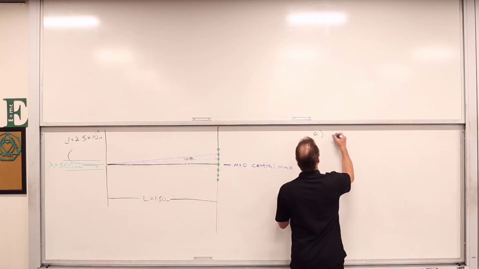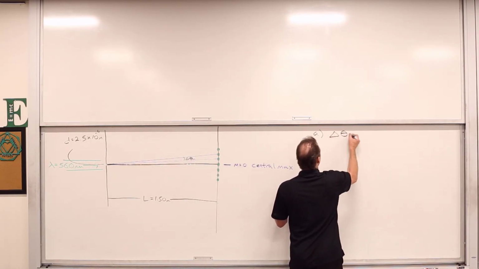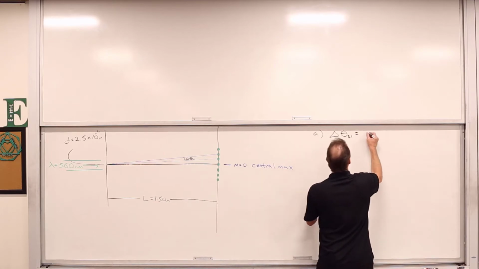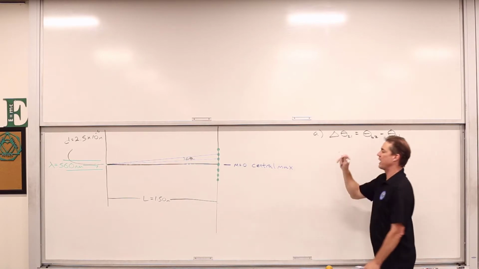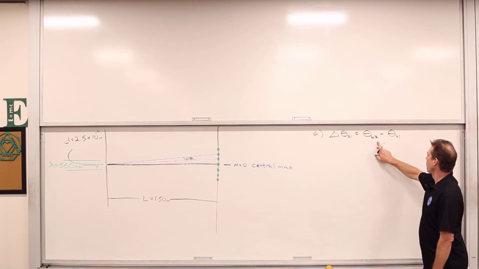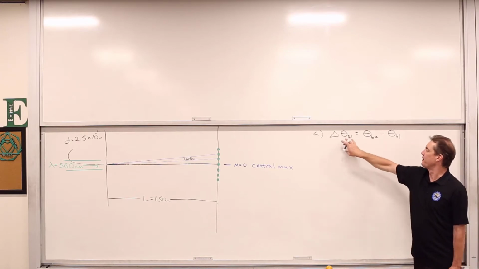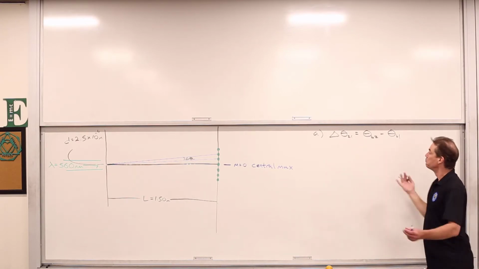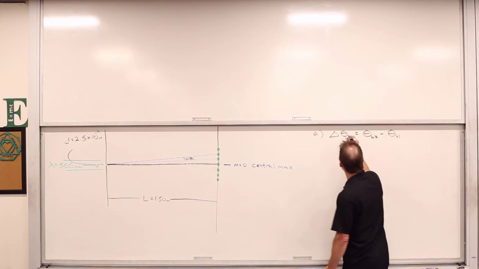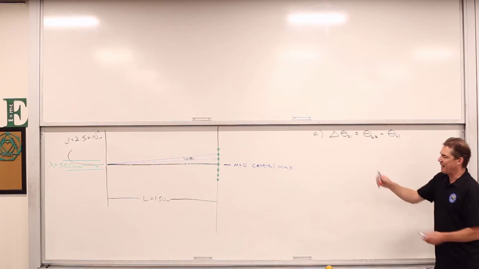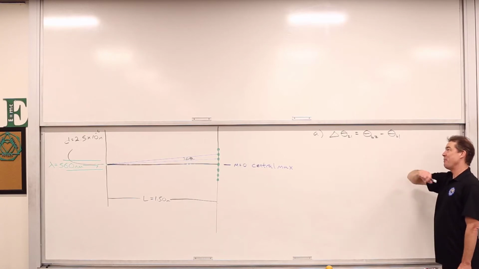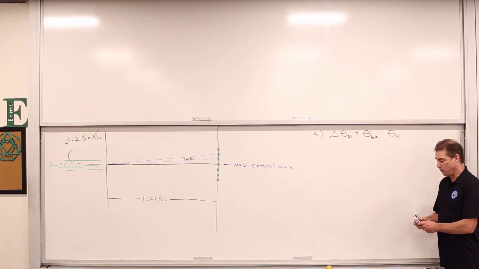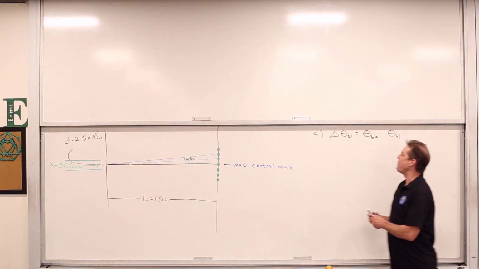So, delta theta 2-1 is going to be equal to theta B2 minus theta B1, again, because we're talking about maxima here, second order maxima and first order maxima, the angular separation between them. If you wanted to put a little b here too, that would be fine, but we've got it noted there. All right, so what do we need to find then? Well, we need to find these thetas, theta B2, theta B1, and then we're in good shape here.